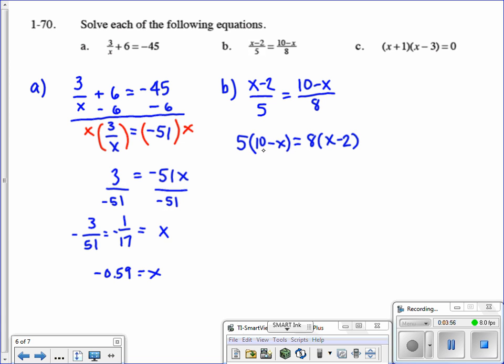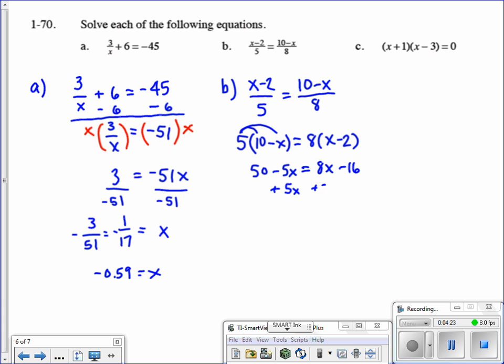Now let's get everything out of the group by using the distributive property. 5 times 10 is 50 minus 5x. Don't forget to distribute through the entire quantity. We've got 8 times x is 8x, and then 8 times negative 2 is negative 16. It's now just a multi-step equation.